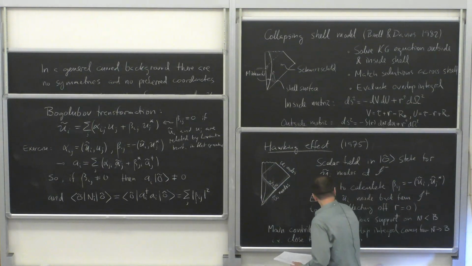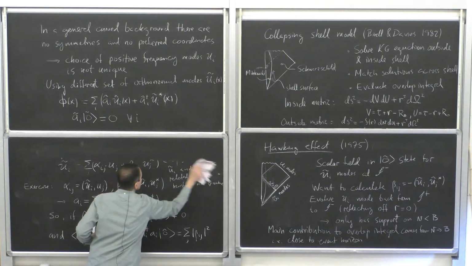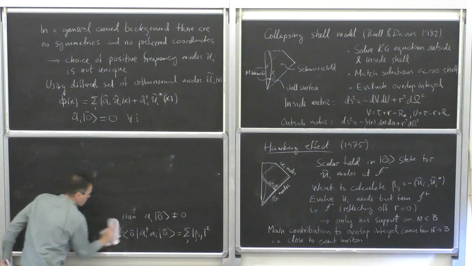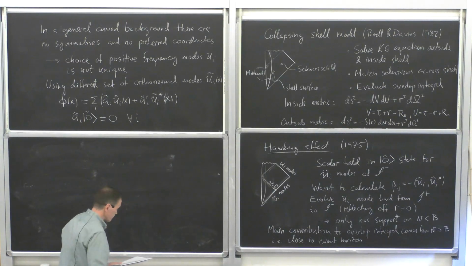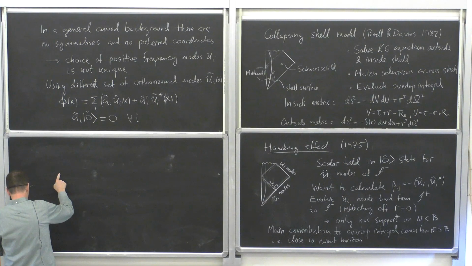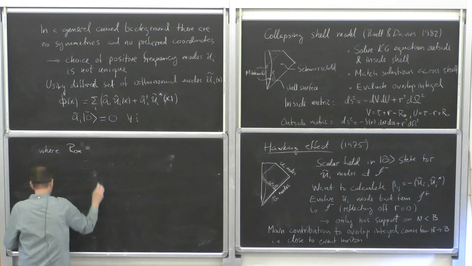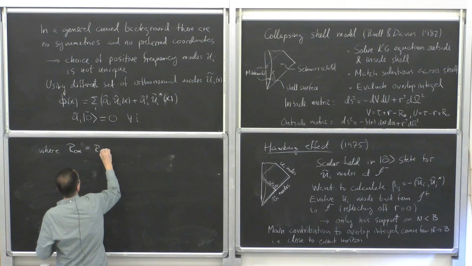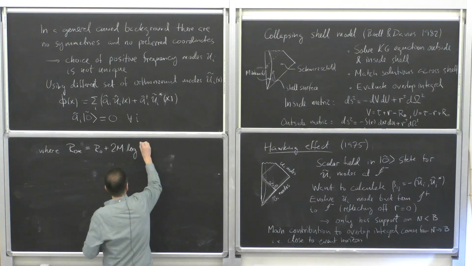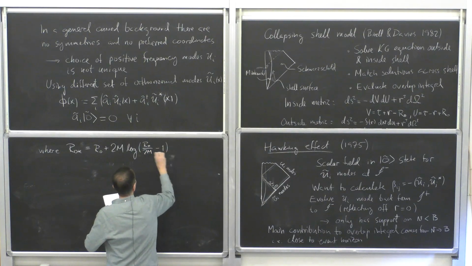Then I'll remind you simply that the relations between R0 star and R0 are the same as what we had before.